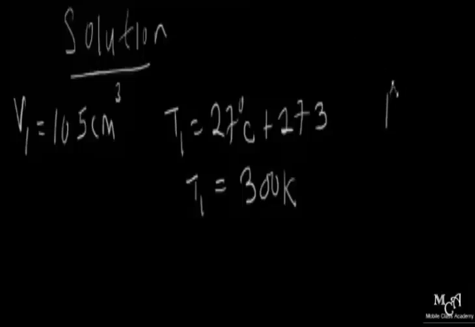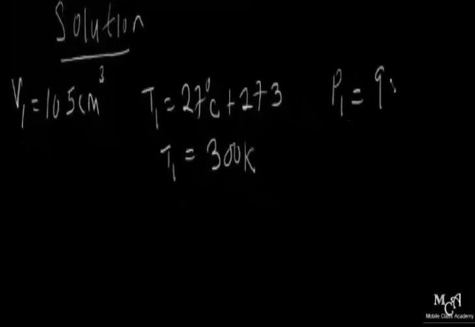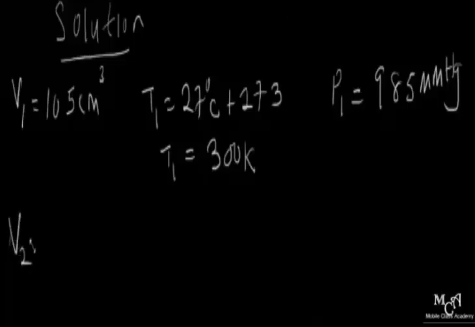Our P1 is equal to 985 millimeter mercury. What volume? That means the V2, unknown. Will it occupy at STP, at standard temperature and pressure? I told you that at STP, two values are constant.